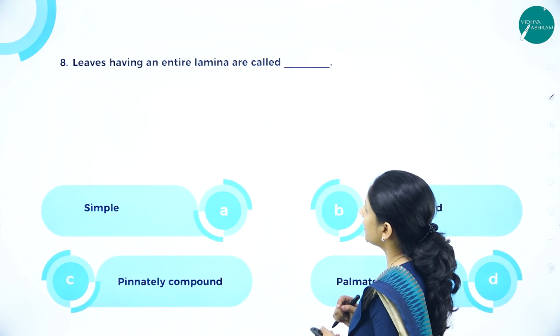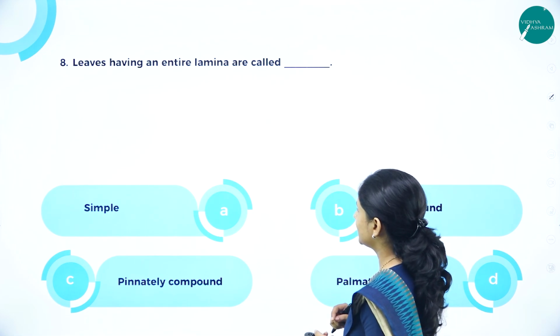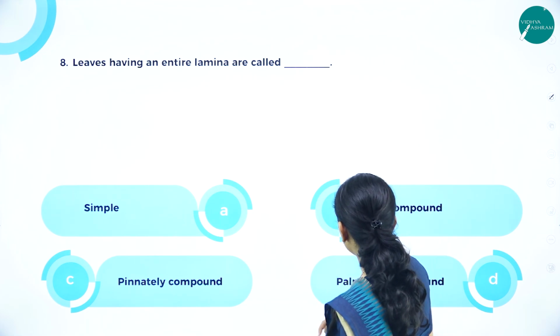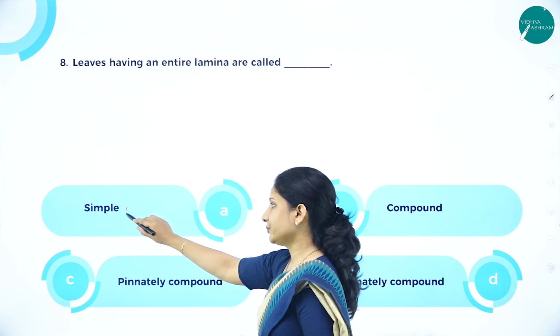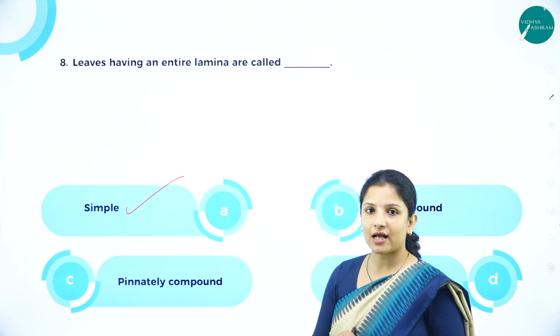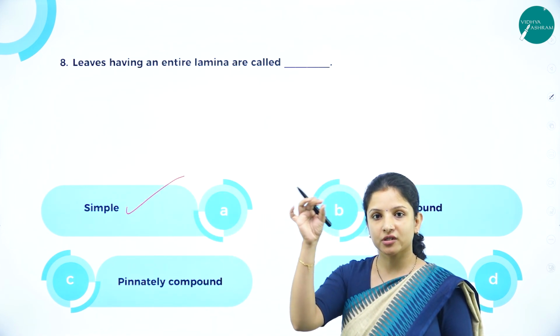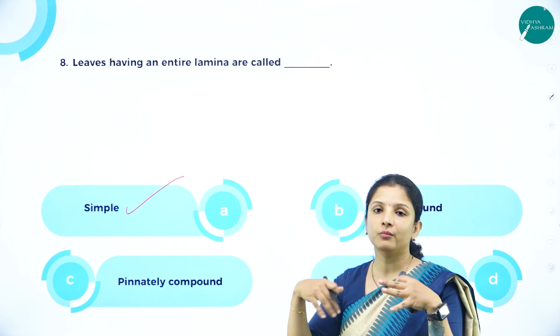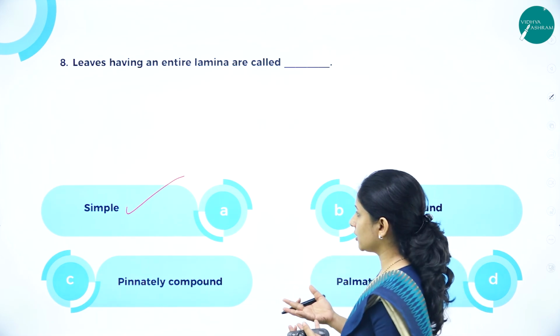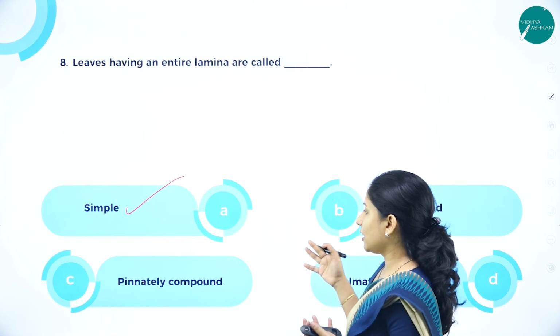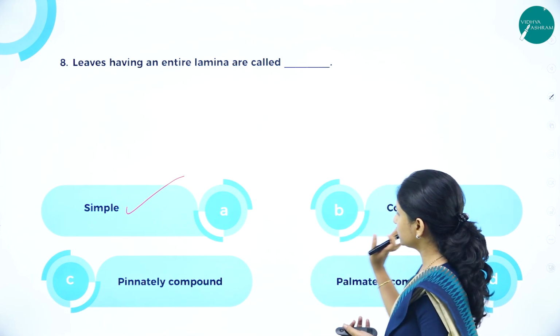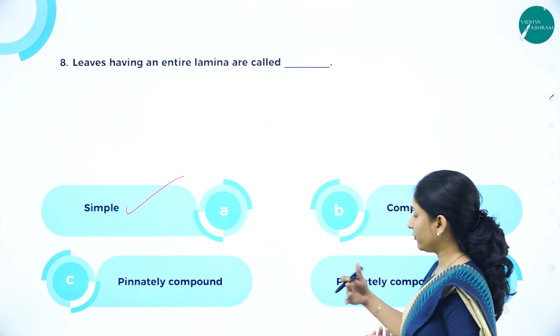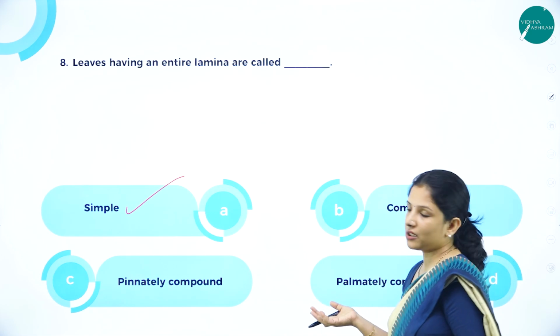Leaves having an entire lamina are called simple leaves, compound leaves, pinnately compound, or palmately compound. It is simple leaf, because compound leaves actually have their lamina cut up to the midrib, therefore they form leaflets. So compound leaves is not the answer. Of course, the two types of compound leaves are pinnately compound and palmately compound, so those cannot be the answer.